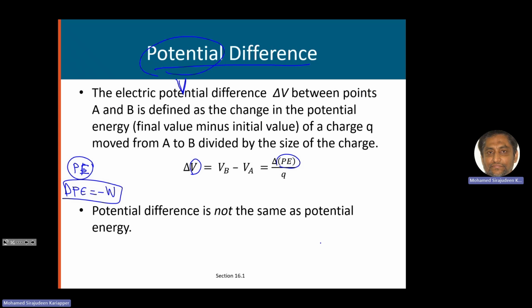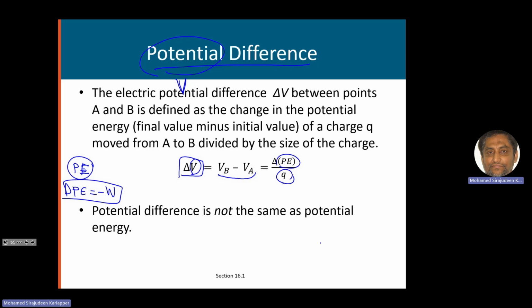What it tells you is that the electric potential difference, delta V, where delta means difference, is defined as the change in the potential energy divided by the size of the charge. So potential difference, or change in the potential, is equal to change in the potential energy divided by the size of the charge.